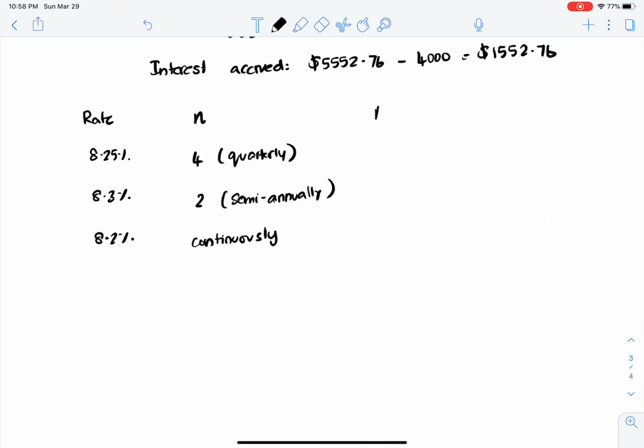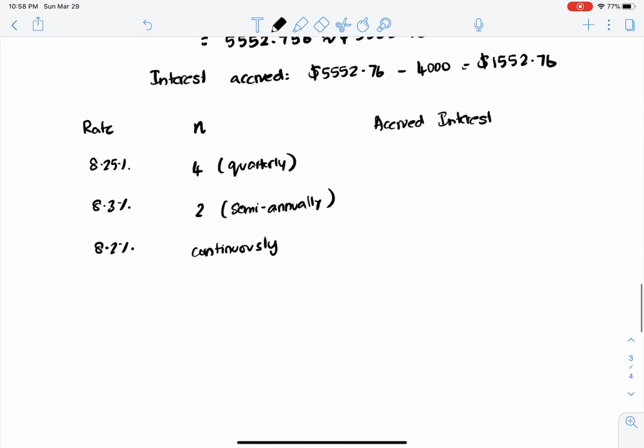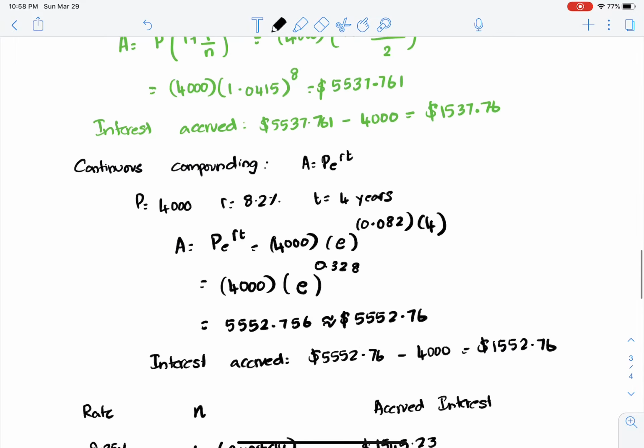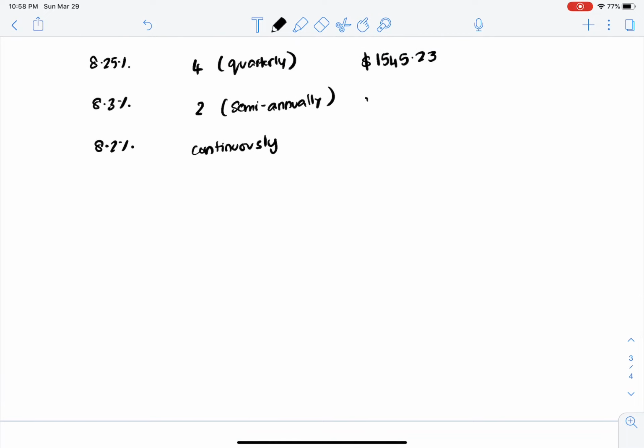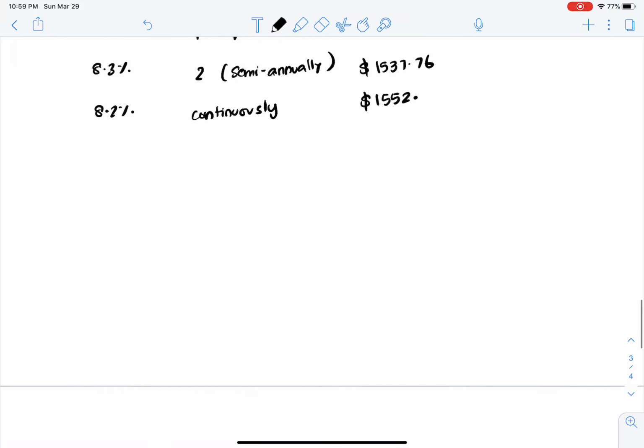And the accrued interest, case 1 was 1,545.23. Case 2, 1,537.76. Last case, 1,552.76.